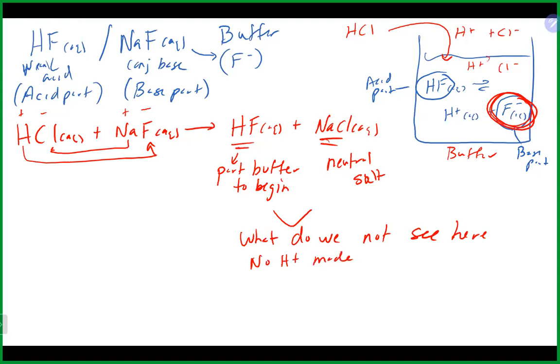That's because this H plus and this F minus come together and make more HF, so it's not free in the solution. It gets tied up with the F minus and makes HF. Because no more free H plus was made, the amount of H plus that was there to start with is still the amount there now.